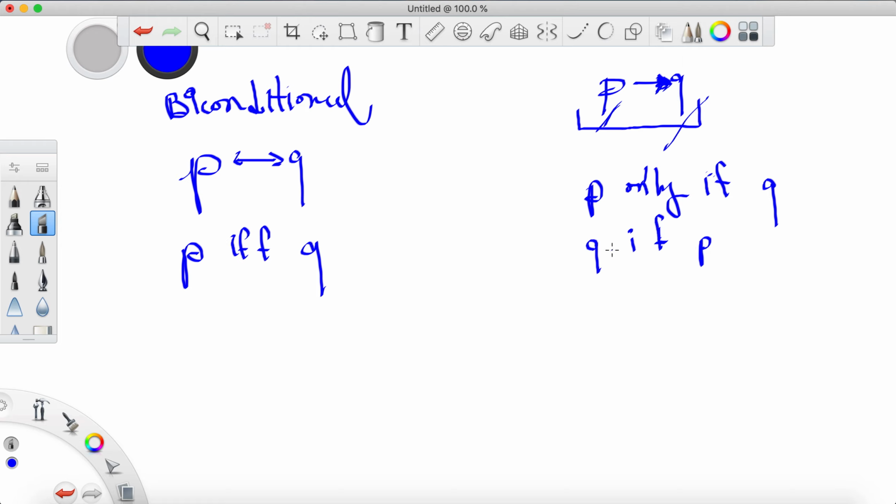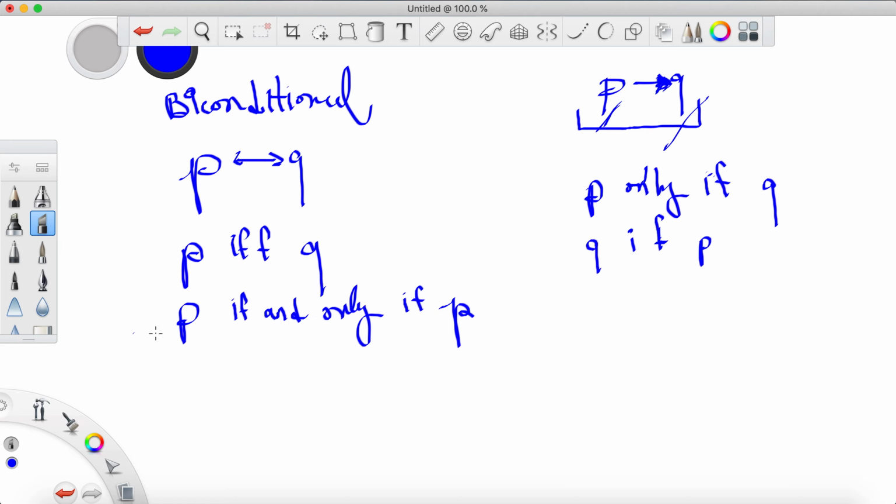So combining these statements, we can easily see, just breaking this word down, it is if and only if.